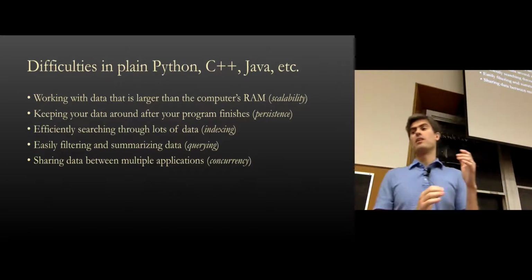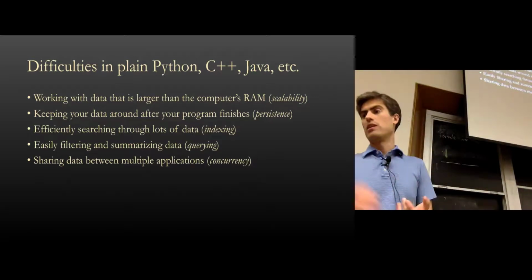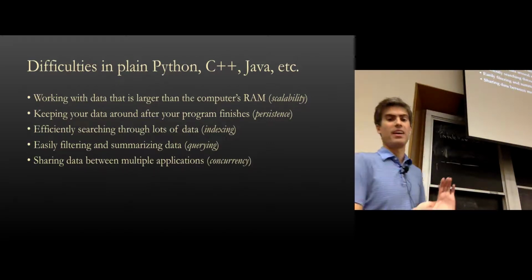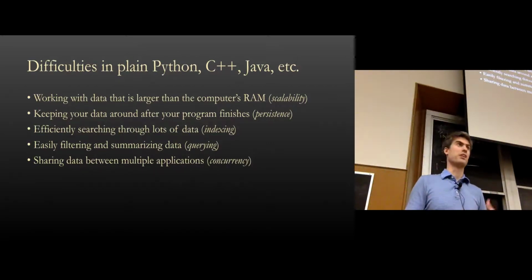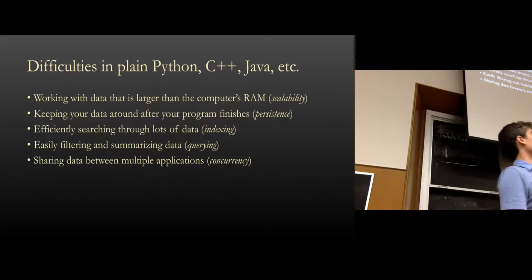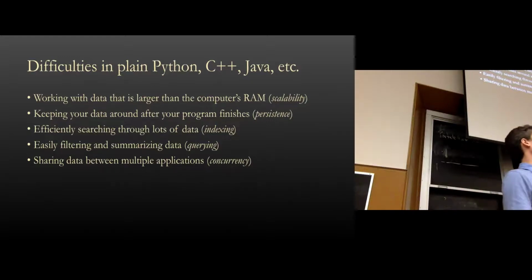So the things that a database provides are the italicized things on the right here: scalability, persistence, indexing, querying, concurrency. And I think we'll come back to those. Again, this lecture is just an introduction. But all those things are common things you want to have with data that are difficult to do on your own from scratch, that all these different programming languages don't provide on their own, but the databases provide.